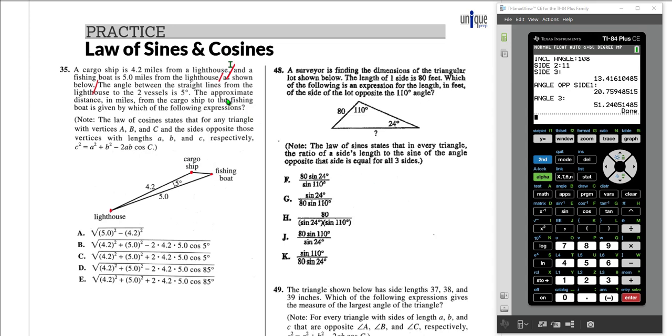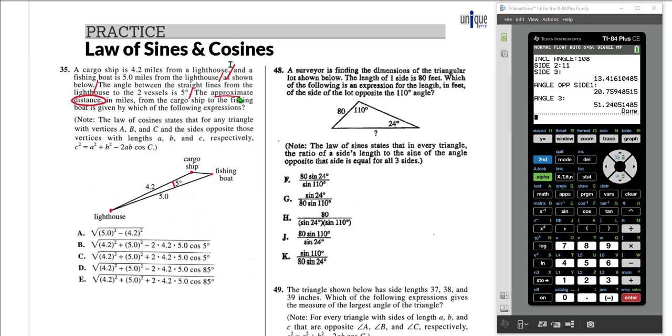They say the angle between the straight lines from the lighthouse to the two vessels is 5 degrees. So from the lighthouse, two lines, one going up there to the cargo ship, one going down there to the fishing boat. They tell us that that angle in there is 5 degrees, very small angle. The approximate distance in miles from the cargo ship to the fishing boat is given by which of the following expressions? Let's go ahead and circle what they are asking.